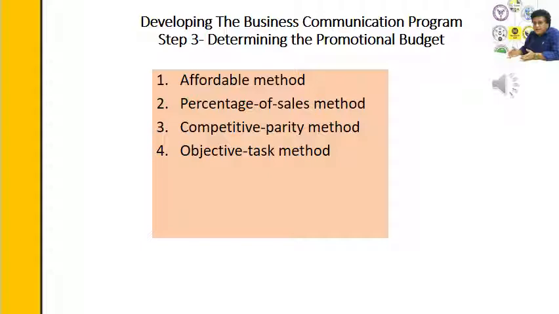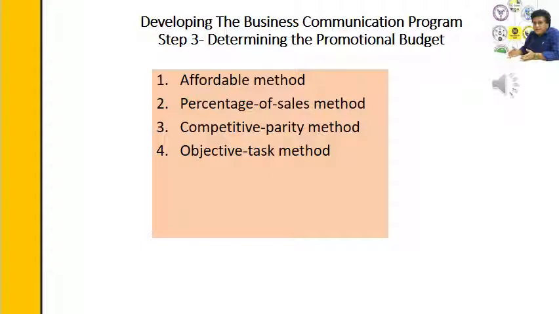There are four methods of arriving at a promotional budget. One is called the affordable method. Most companies use the affordable method. To put it simply, you know that you need to go for promotion, you know you need to devise a business communication program, but there is only as much as your company can afford.